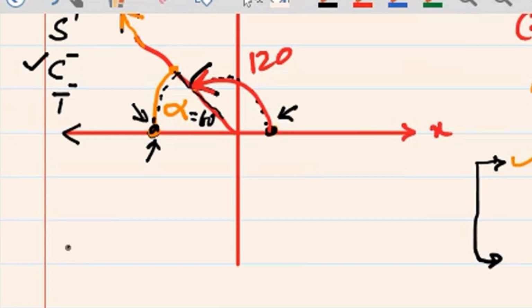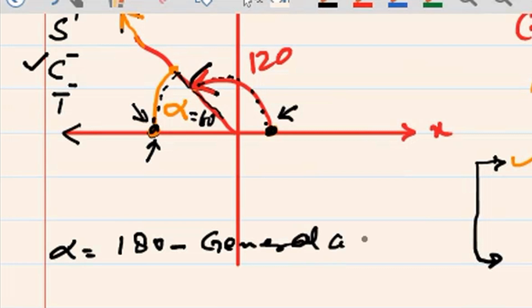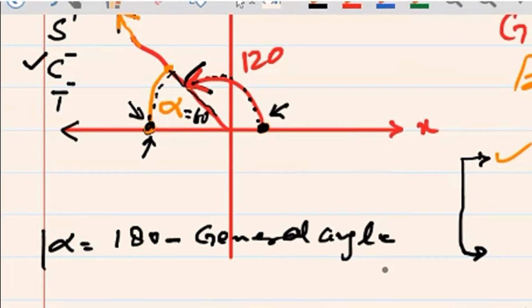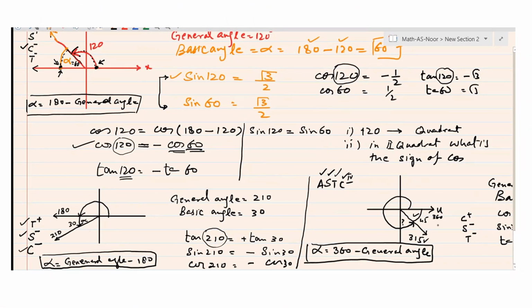In the second quadrant, alpha is the basic angle and you'll subtract 180 minus general angle. And in the first quadrant, all the angles are general and the same angle would be considered as the basic angle.